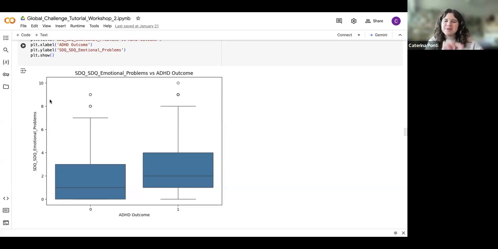The box plot for the ADHD group displays greater variability. As you can see, the variability goes from 0 all the way up to almost 8, and we can also see a lot of outliers. Those points are really outliers. This suggests that emotional problems are not only more pronounced, but also more diverse within the ADHD group. So that's something to notice.